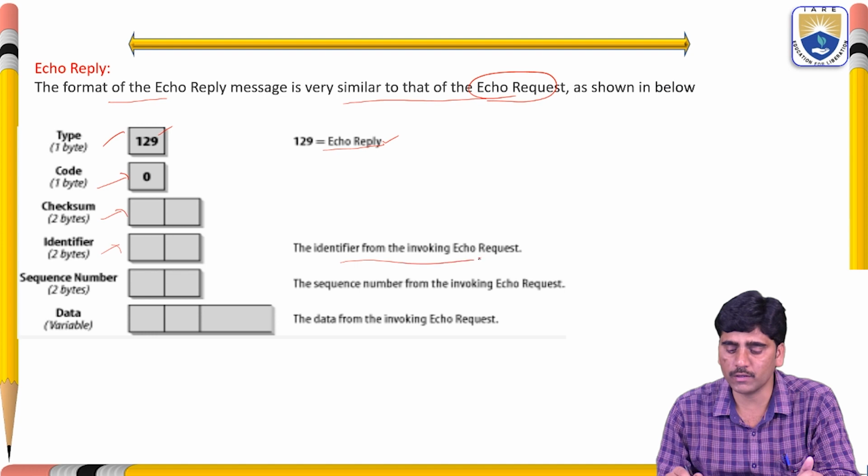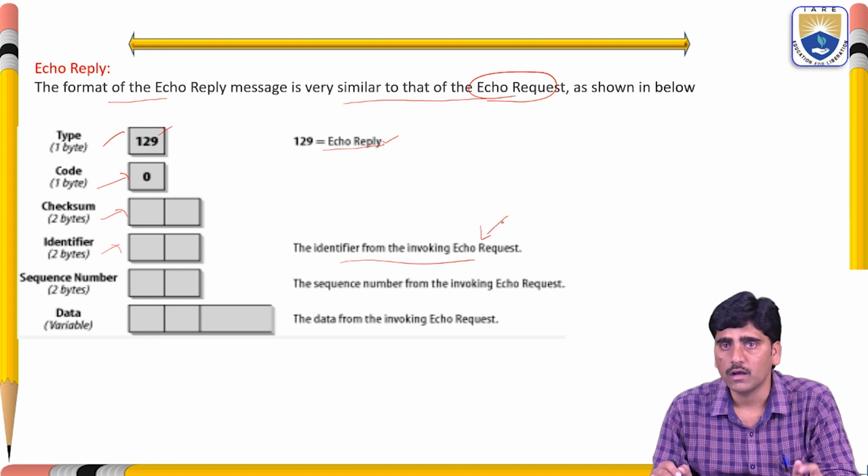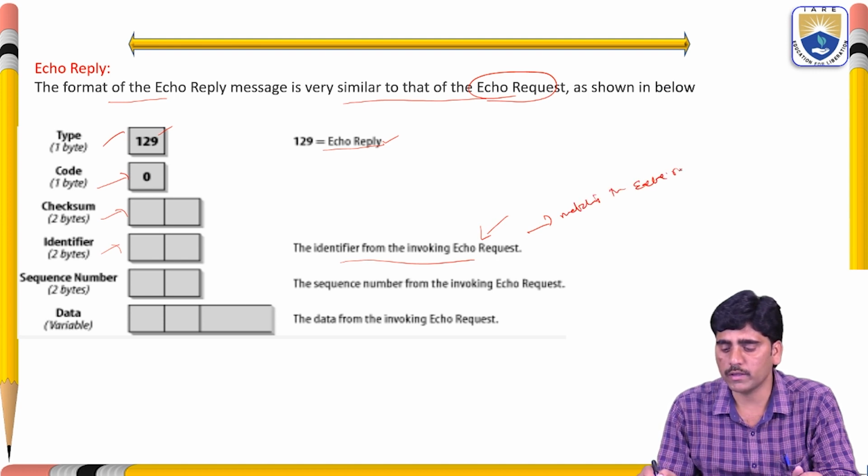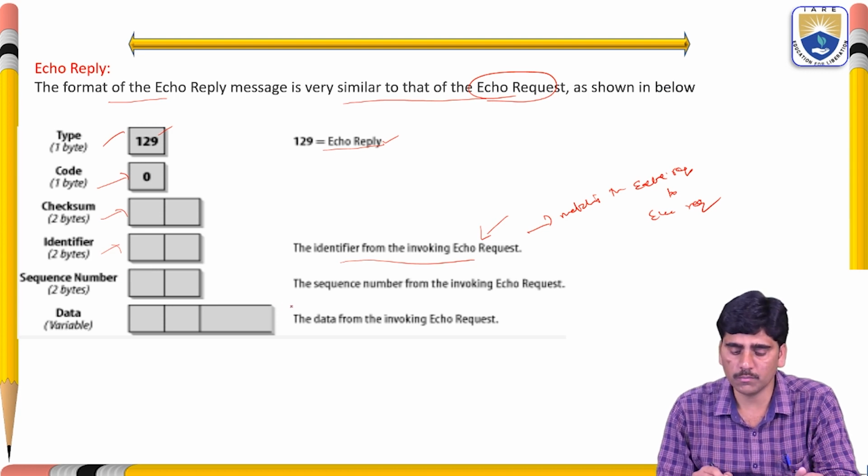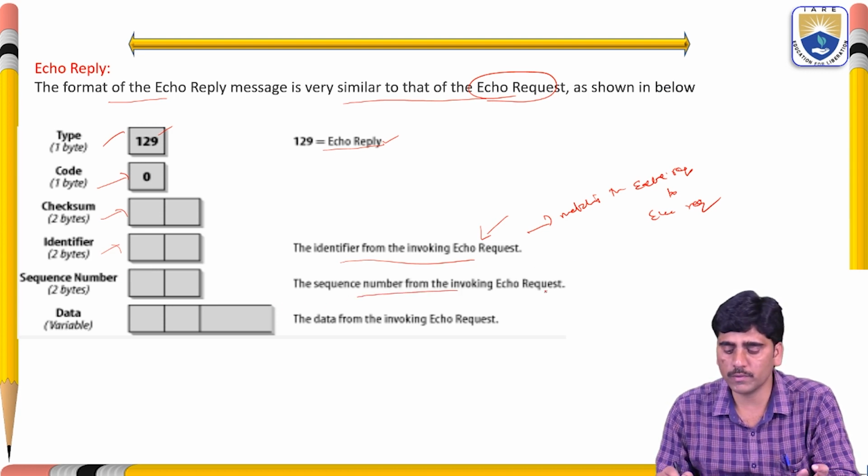The identifier from the invoking echo request is matched from the echo request to the echo reply. If it is matched, then it is able to set this identifier. And the sequence number from the invoking echo request also has to match from the echo request to the echo reply.